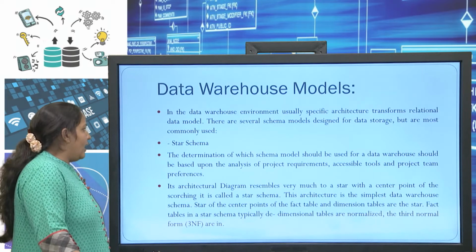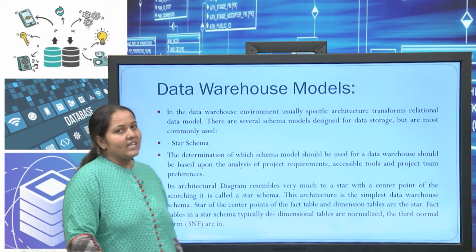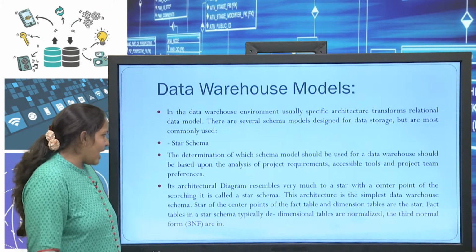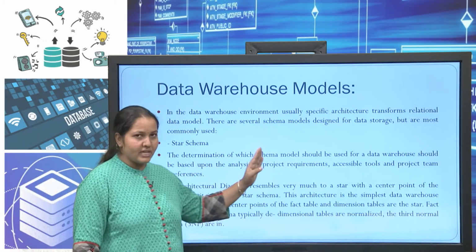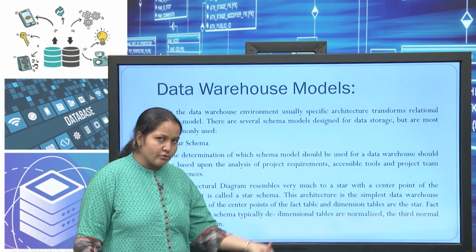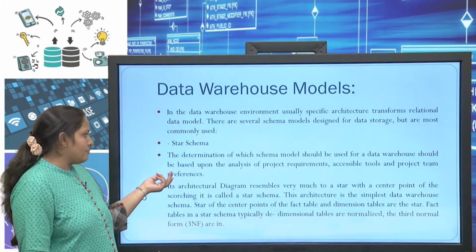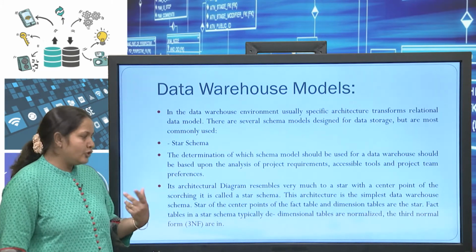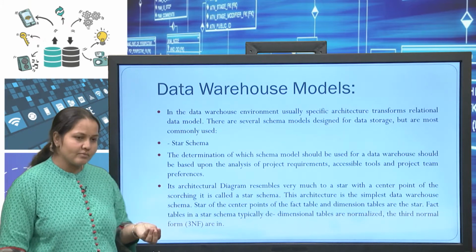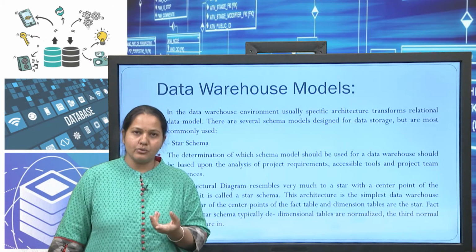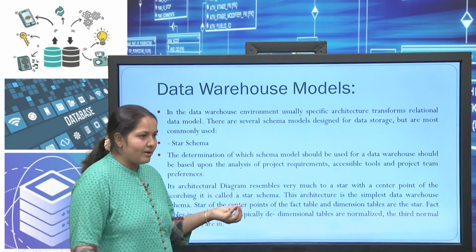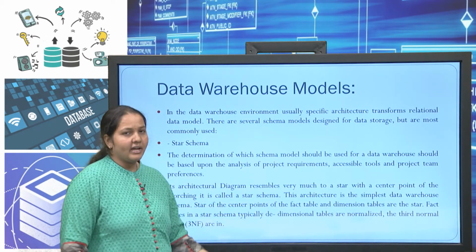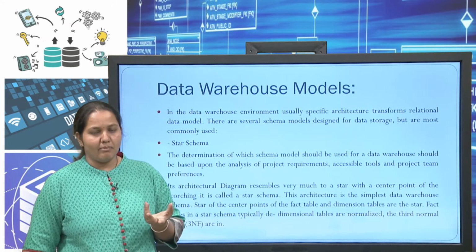Then another model to represent the warehouse, that is the star schema. Star schema means the determination of which schema model should be used for the data warehouse should be based on the analytical tool. That means in diagrams for representing the warehouse, you have to define the fact tables and dimension tables using the star schema.